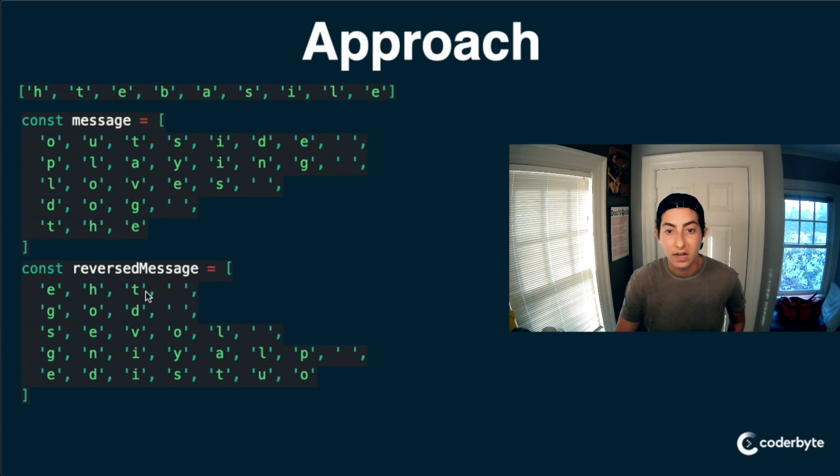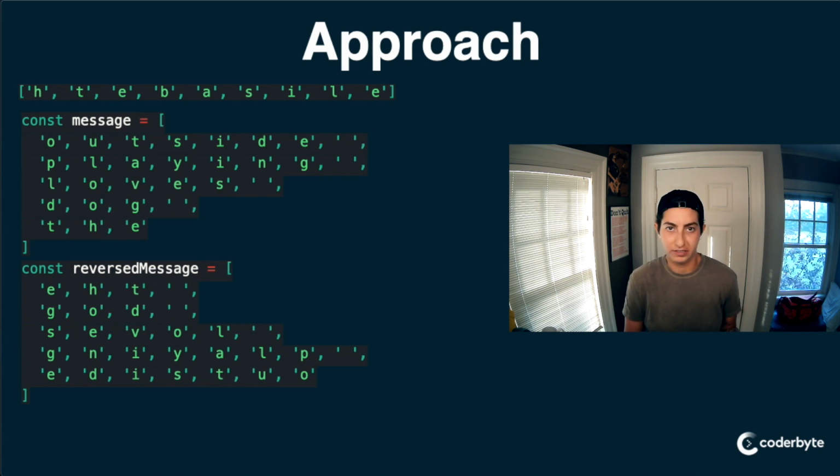We can take "eht" and unreverse it, just like we did with Elizabeth. Then we can take "god" and unreverse it, and then we'll get dog. Same with all of these, right? So I hope that that's clear.